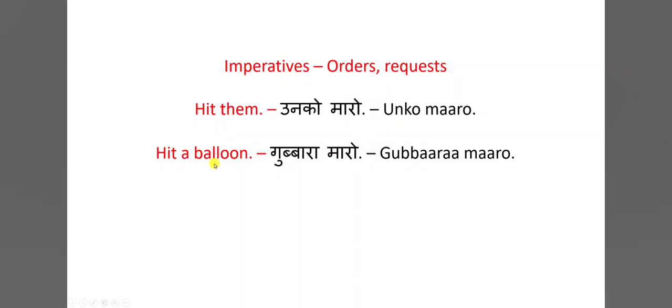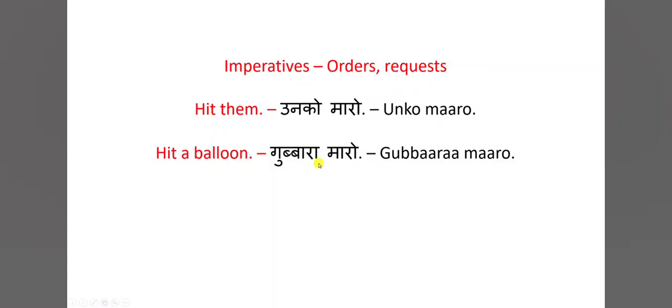And since balloon is an inanimate object, we don't have to add ko to it. So the sentence would be गुब्बारा मारो. Gubbara is balloon, maro is hit.